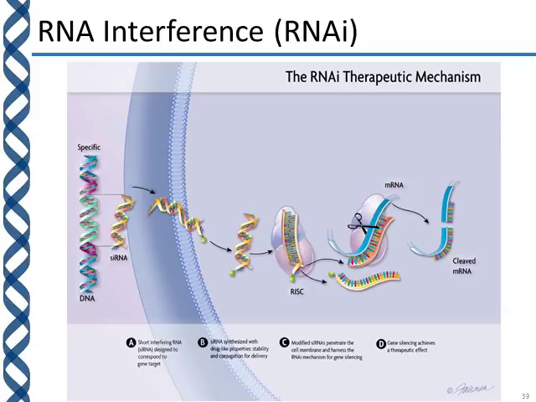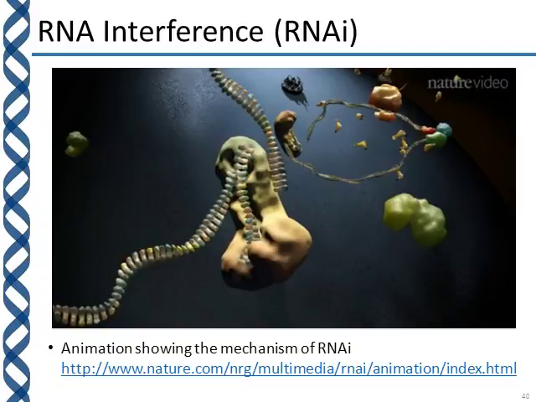C. The modified siRNAs penetrate the cell membrane and harness the RNA interference mechanism for gene silencing. Followed by D, gene silencing achieves a therapeutic effect. Animation showing the mechanism of RNA interference can be viewed clicking on the link shown below within the reference slide deck.